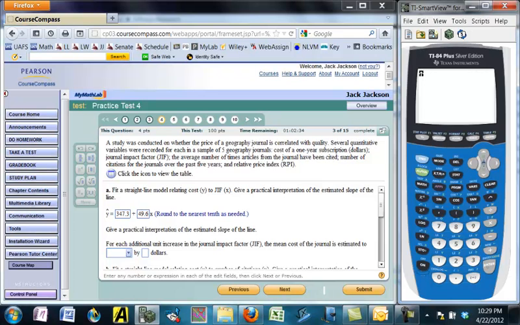So now if I do second enter a couple times, now when I pull this back, it gives me an R and an R square value. Your book talks about what the R and the R square value are a little bit more. We're going to talk here about how to interpret them. If you have an R value of 1, that's a perfect linear fit with a positive slope, and an R value of -1 is a perfect linear fit with a negative slope.